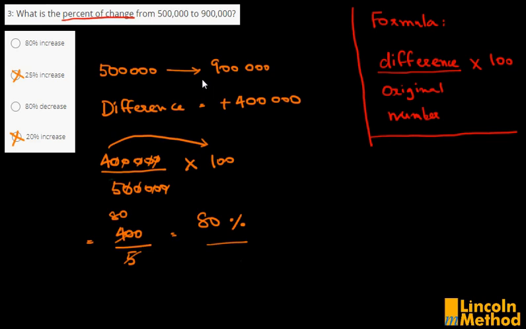But as we can see from the question, 500,000 to 900,000, the difference is positive. So positive 400,000, which means it is not decreasing. So the only answer that we're left with, and the correct answer therefore, is the first option, 80% increase.